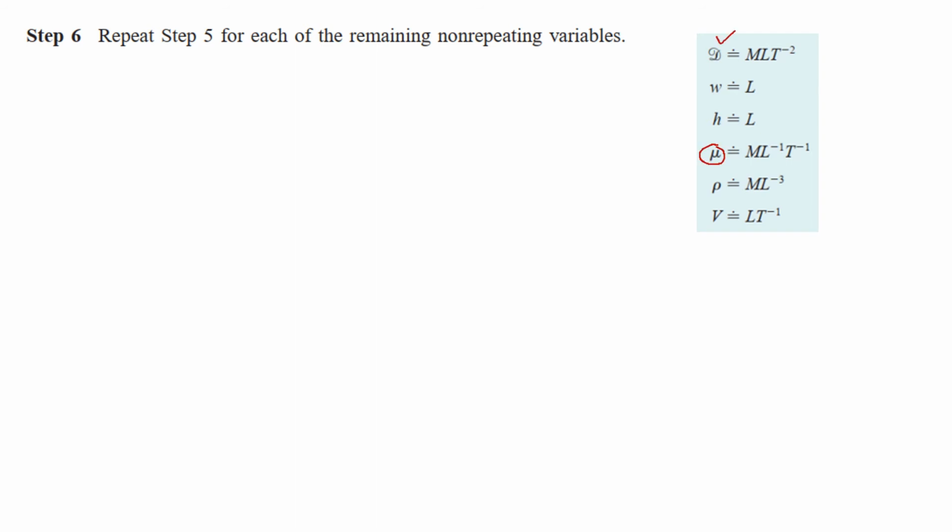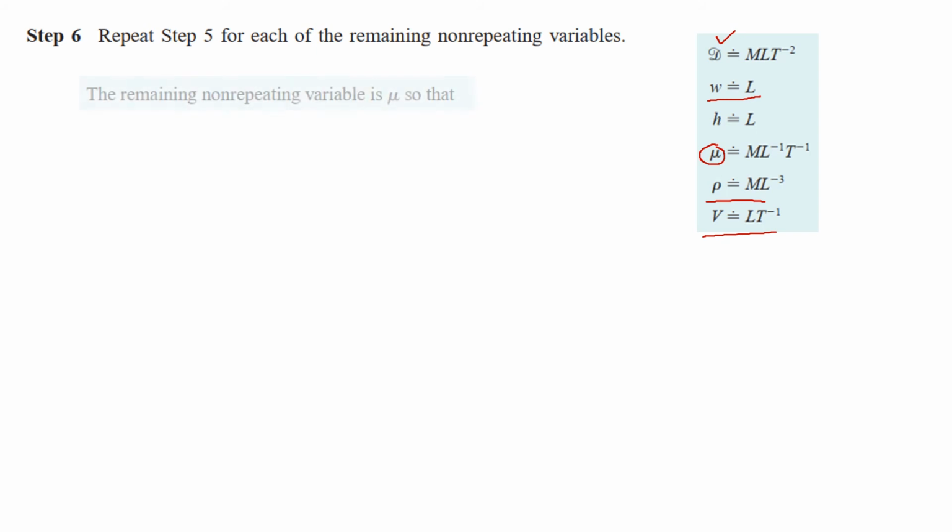The drag force is used, and pi 1 term is determined by using the drag force. Then we use the height, and pi 2 term is determined by using the non-repeating variable height. So the only non-repeating variable that we are left with is the viscosity. So we will take viscosity and multiply it with our repeating variables.